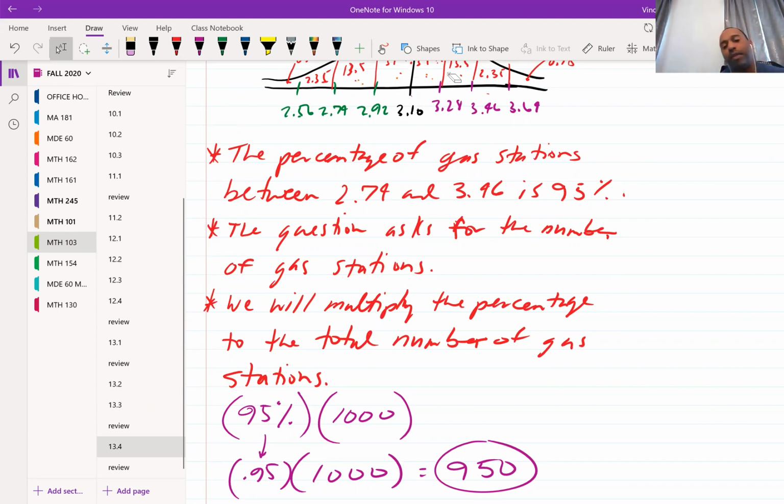So 950 of the gas stations out of that 1,000 charged between those two prices. All right, questions on that first one?